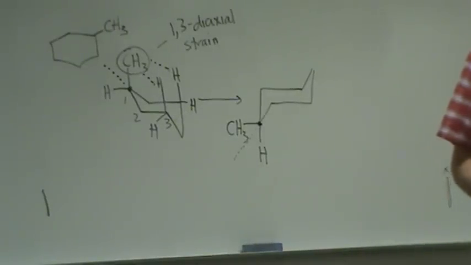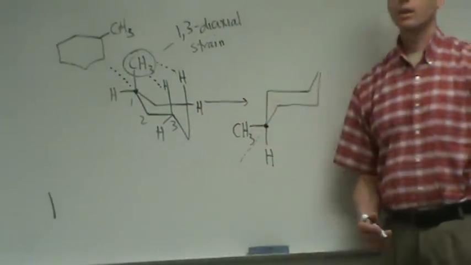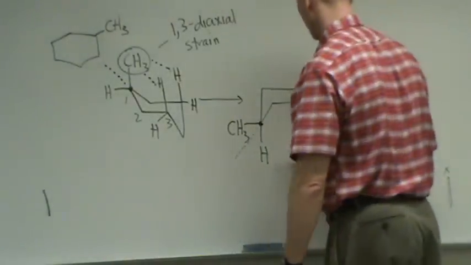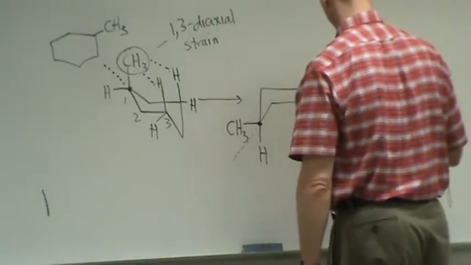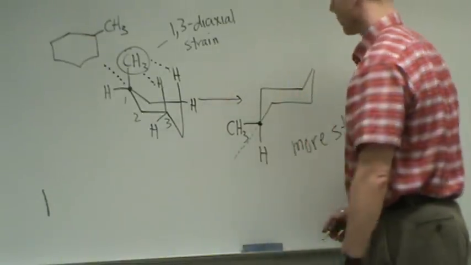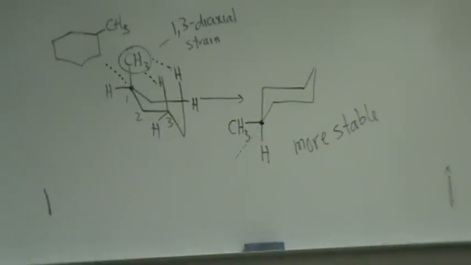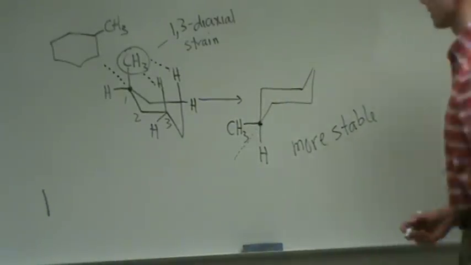Why would the axial be more stable when I just told you it has strain? It would be this one here. So when I put the group in the equatorial, it gets away from this strain.